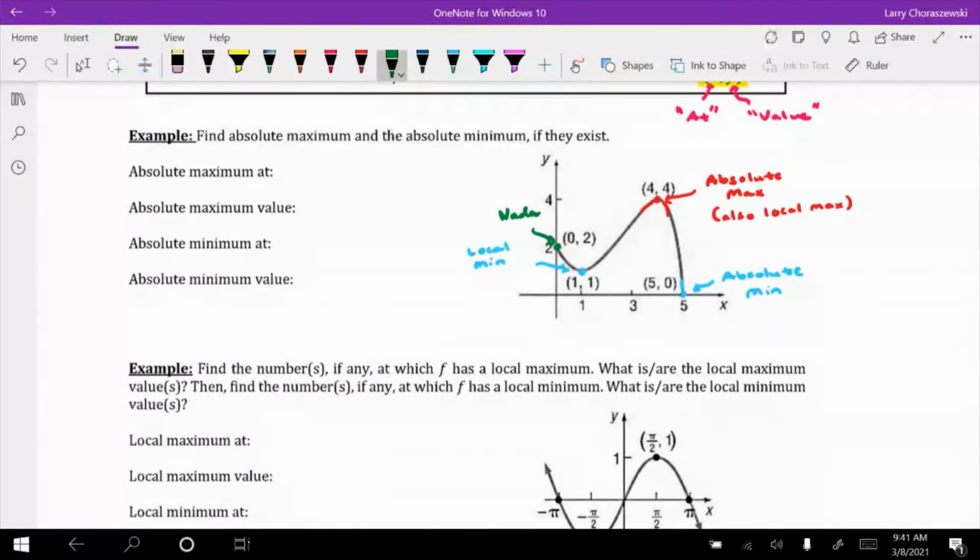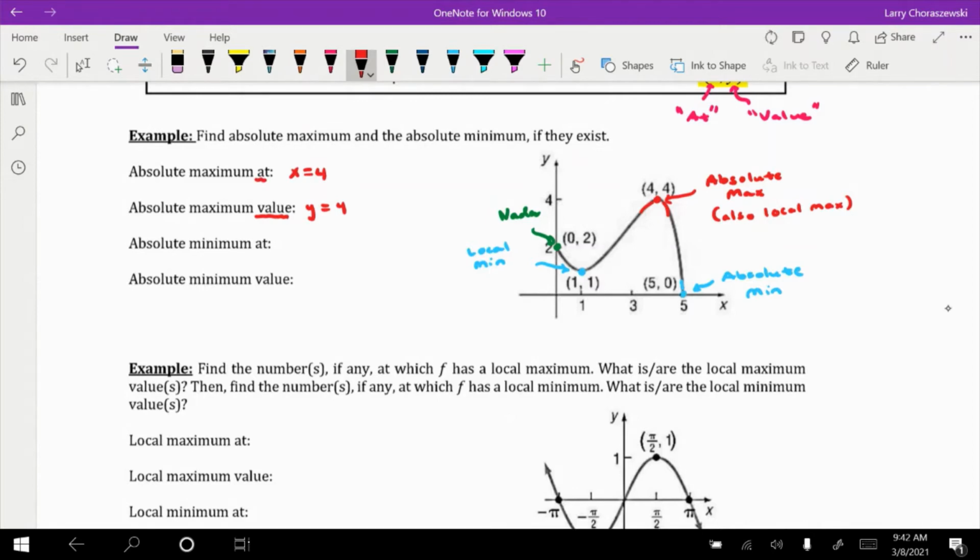Okay. So with that said, we're going to fill some things out here. Absolute maximum at: that's going to be the x coordinate of our absolute maximum. I'm going to write x equals 4. The actual value of the maximum is y equals 4.